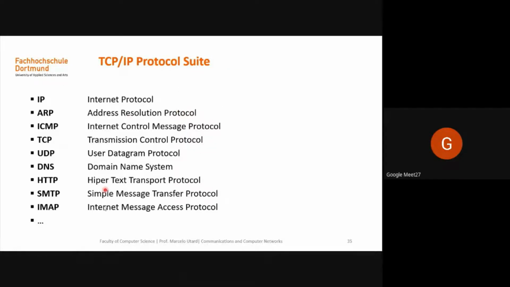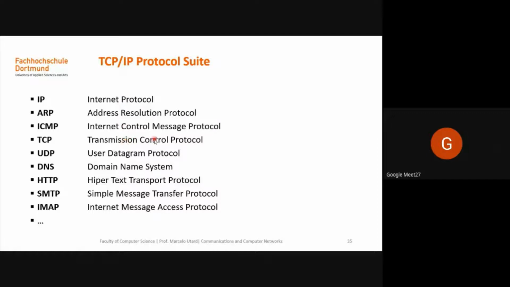Those typically are the most used protocols, that is Internet Protocol at the network layer, ARP, Address Resolution Protocol, used in fact at layer 2, the data link layer, and ICMP, the Internet Control Message Protocol, that is a protocol used with IP at the third layer.